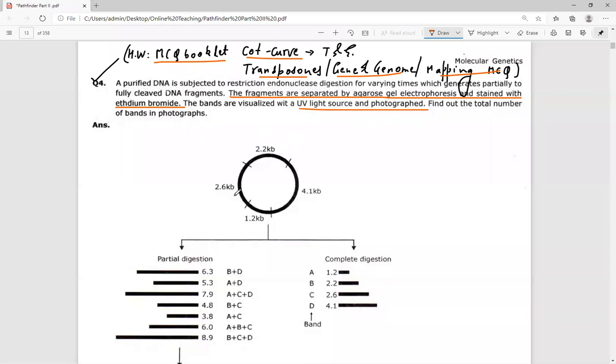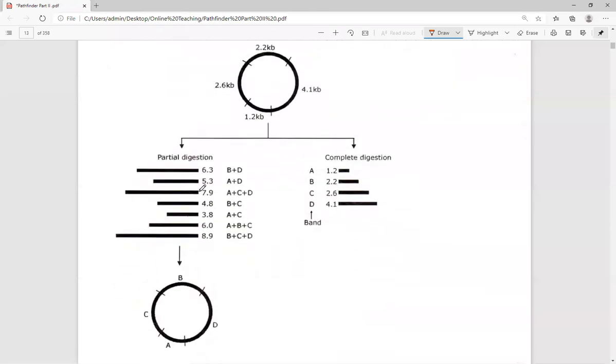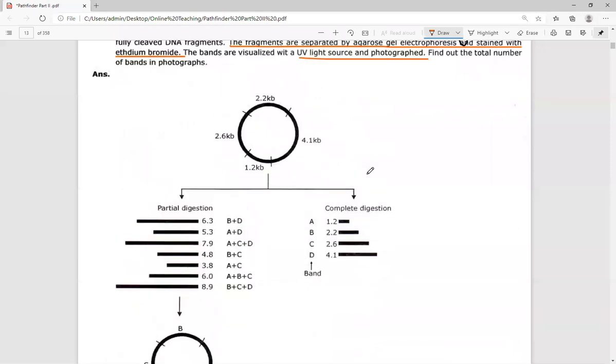कितने अलग अलग तरीके के bands produce होंगे. Look here at the partial digestion, and here at the complete digestion. The complete digestion will produce the following different types of bands: 1.2, 2.6, 2.2, 4.1. So how many different bands? 1, 2, 3, and 4.